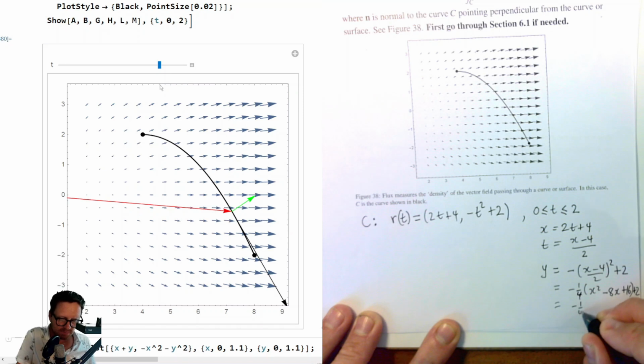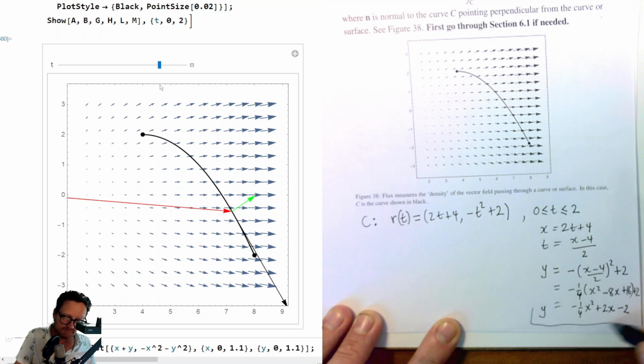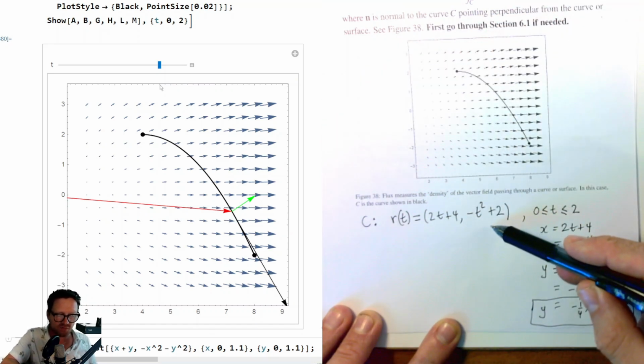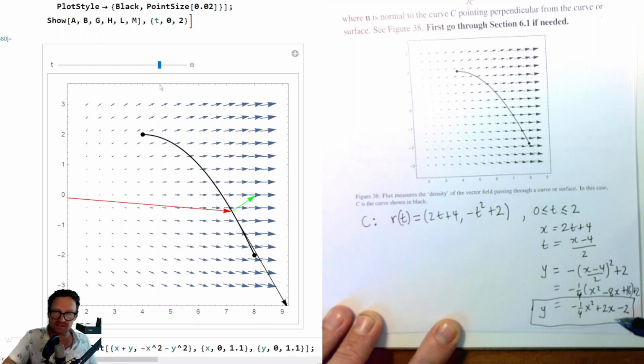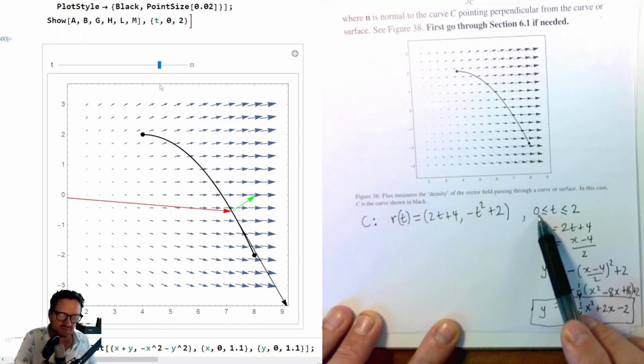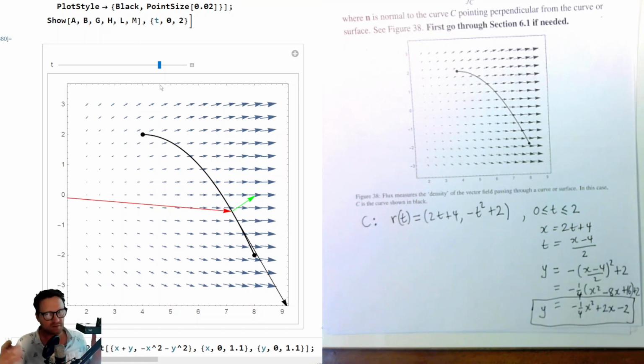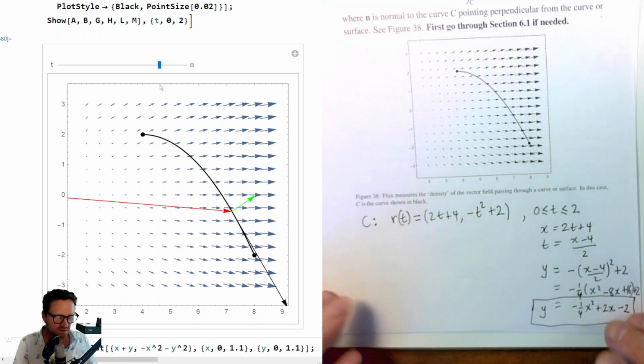So we have minus a quarter x squared plus 2x minus 2, I think we said, right? Okay, so here is the xy relationship for that little curve there. And so what this is, is a parameterization over the letter t of this curve. But it's not just the curve, it's a segment of the curve, so from t equals 0 to t equals 2. All right, so there's a little crash course on parameterization of curves, but of course there's a lot more to it.